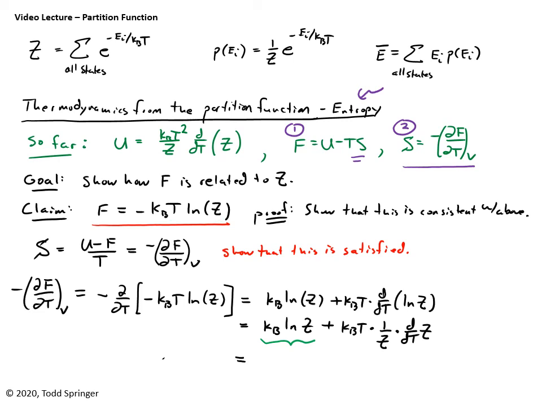So this is equal to minus F over T. And this thing here, k_B T dZ/dT over Z, is almost exactly the same as what we have up here for U, except there's a T missing. So this is equal to U over T.